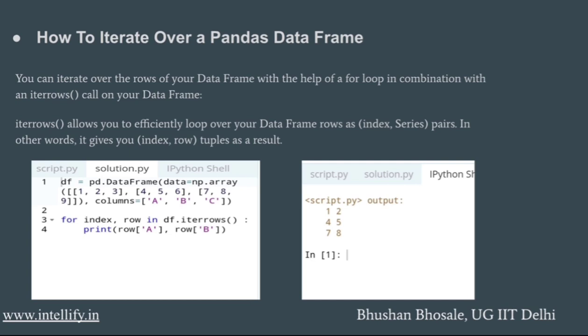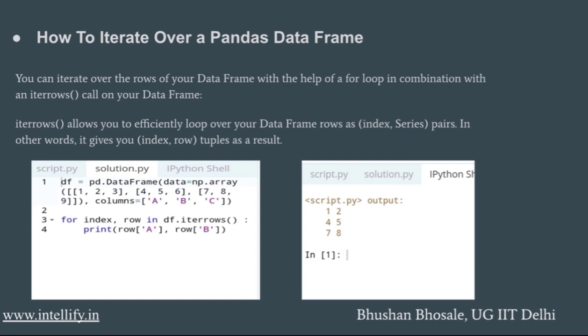So let us see that in the code. iterrows allows you to efficiently loop over your data frame rows as index and series. What does that mean? It means iterrows allows us to iterate over the rows, and first we have to pass the index.